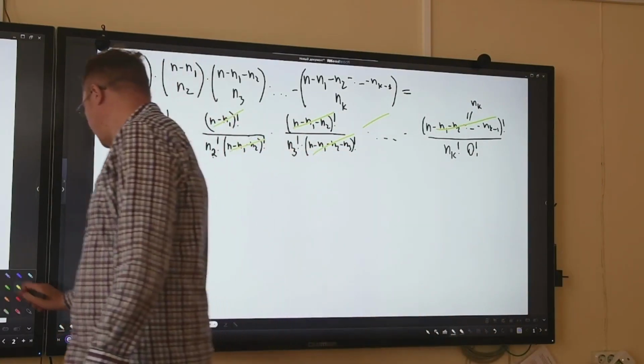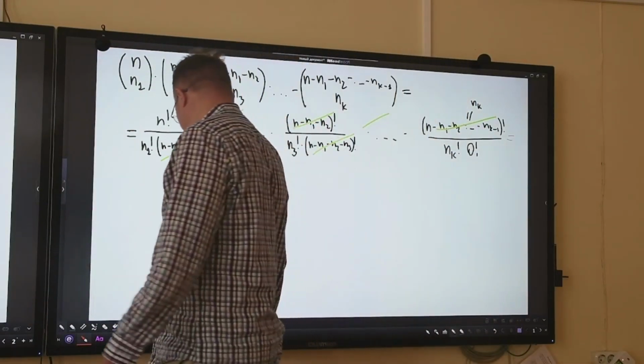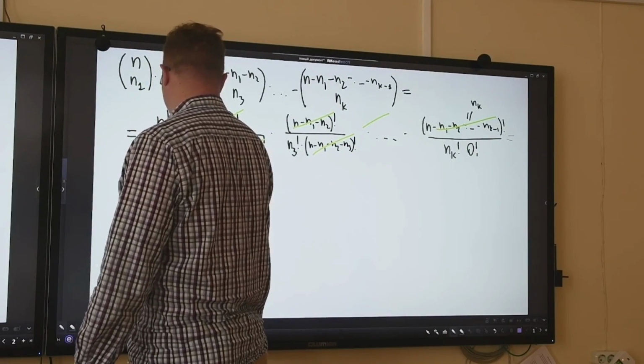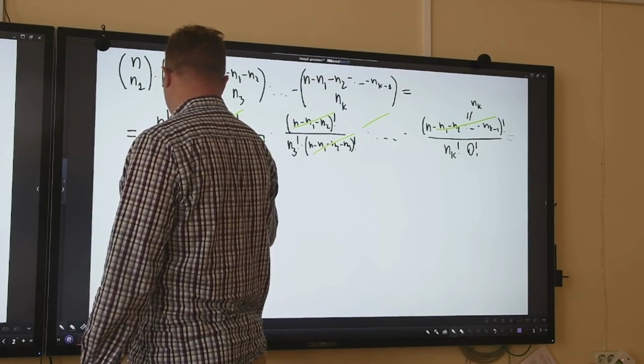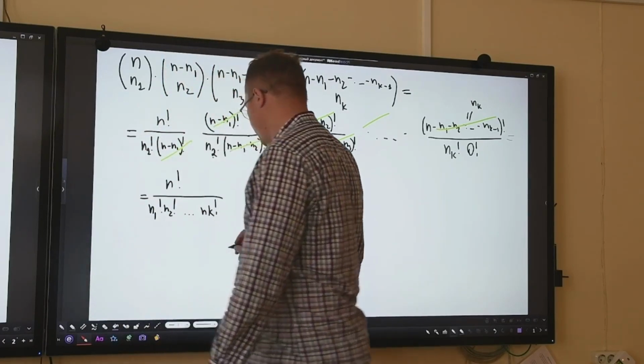So the final formula will be n factorial over n1 factorial, n2 factorial, etc., and nk factorial.